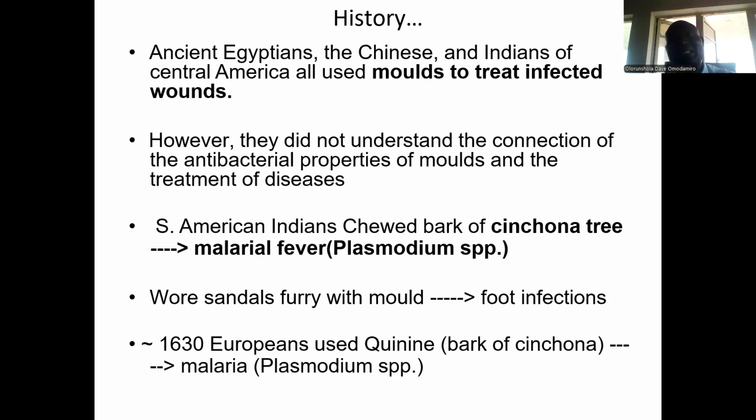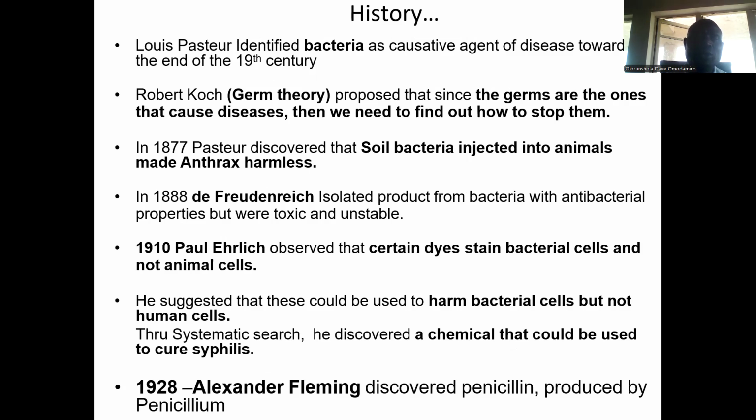In 1630, Europeans used quinine, that is the bark of the cinchona, for the treatment of malaria. Louis Pasteur identified bacteria as the causative agent of disease toward the end of the 19th century, while Robert Koch, a German, proposed that since germs are the ones that cause disease, we need to find out how to stop them.